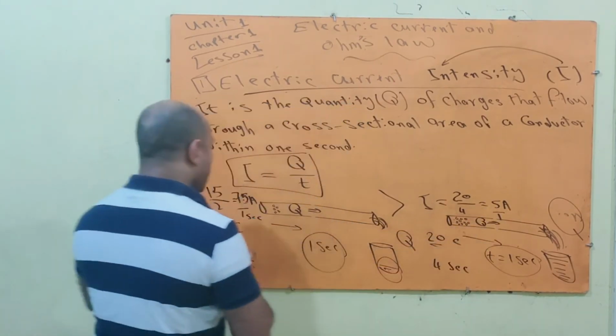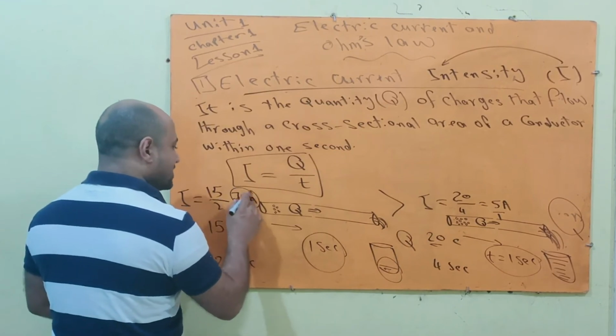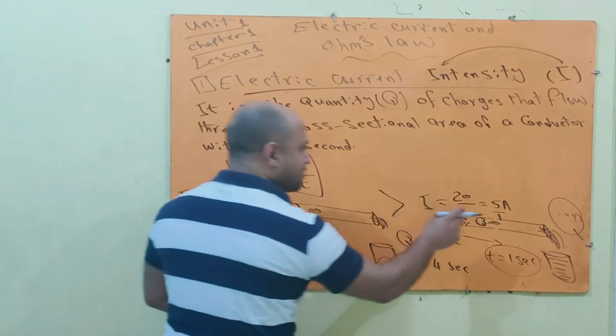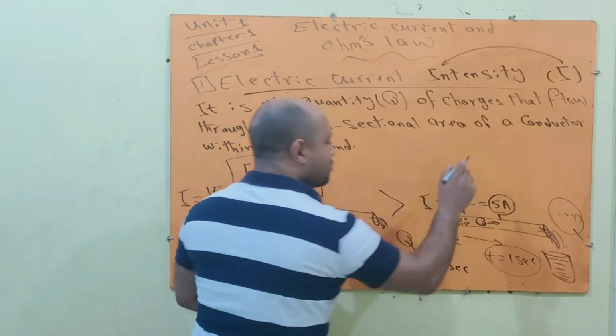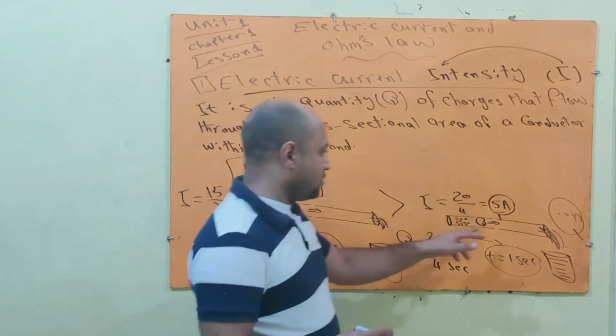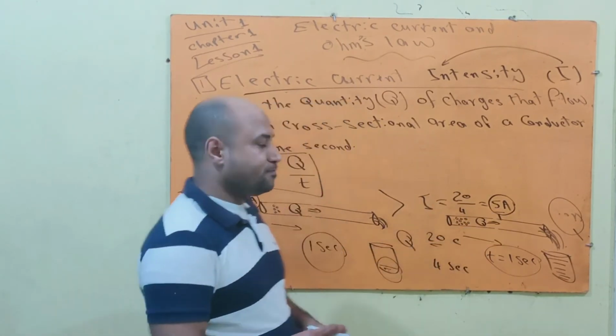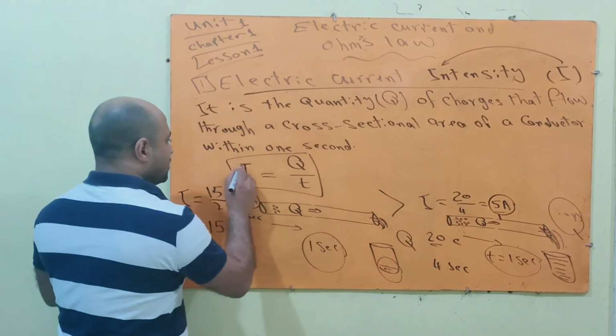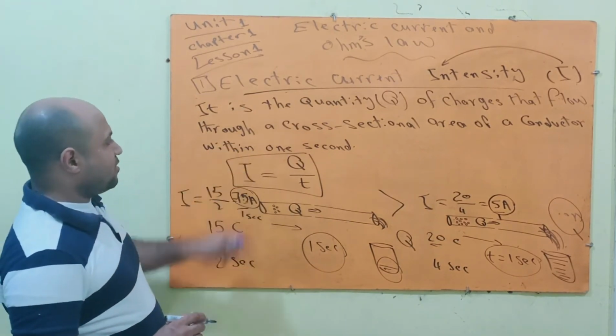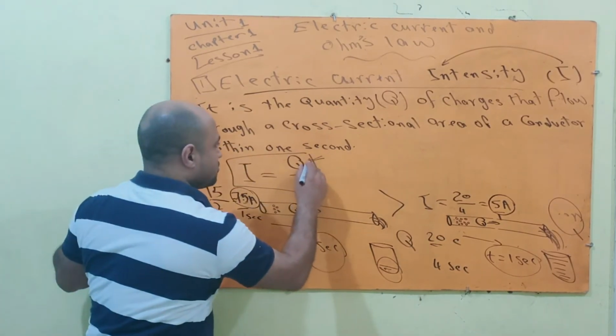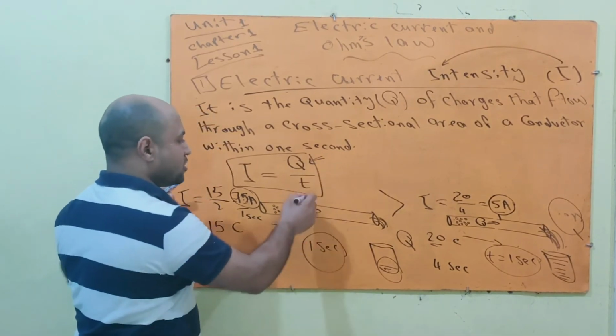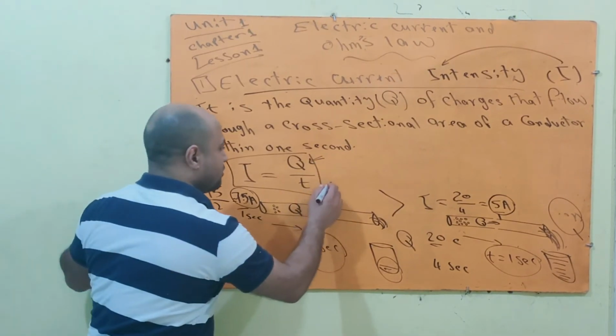So the quantity of charges that flow in 1 second in this wire is greater than the quantity of charges that flow through this conductor in 1 second. Again, what's meant by electric current? It is the quantity of charges that flow through the cross-section area of the conductor in time 1 second.